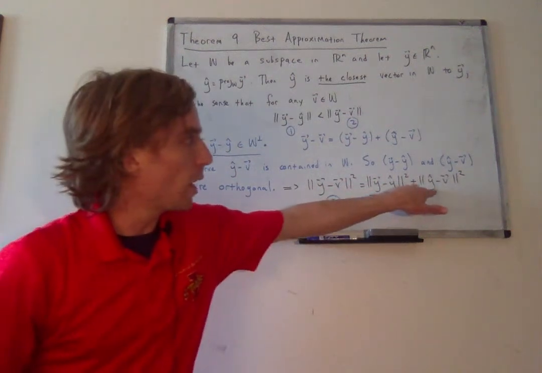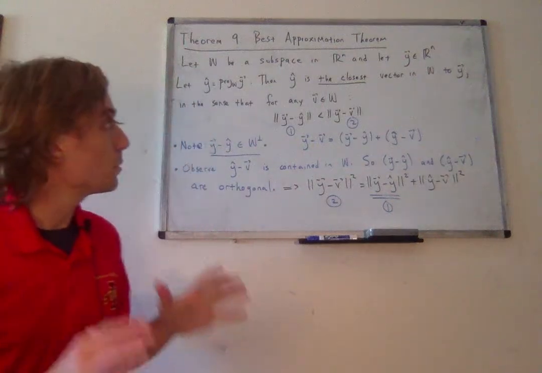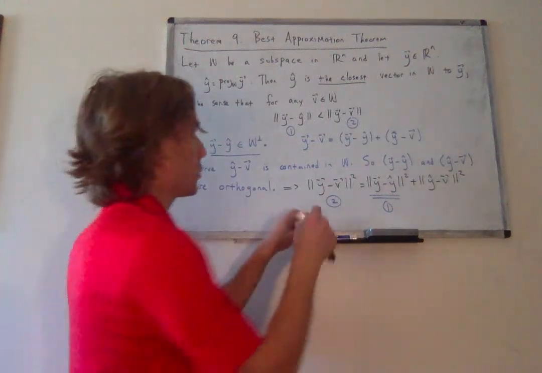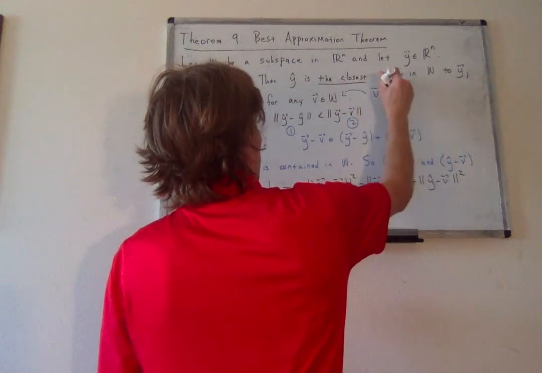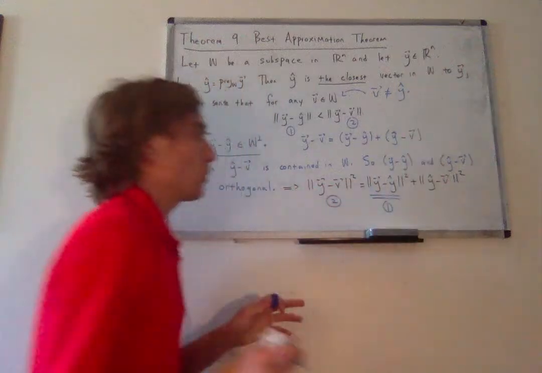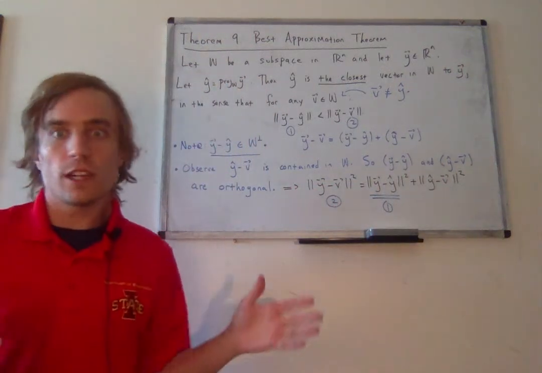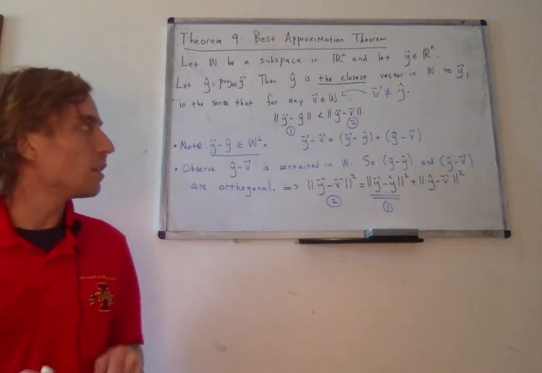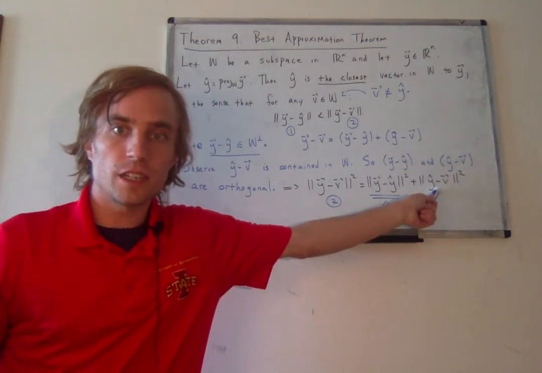Notice that y hat and v specifically were assumed not to be equal. I'll make that assumption now. We're assuming that v is any other vector in W, which means this is positive, right?